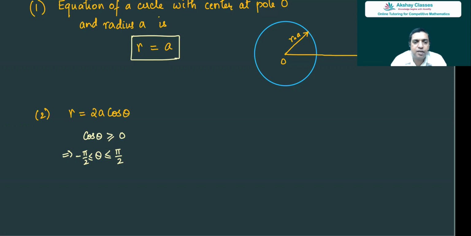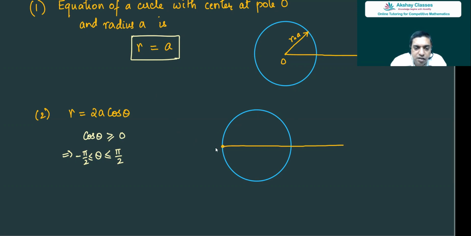So let us trace. What will this be? This will also be a circle. Let us trace this. This will be a circle whose diameter is 2a. This is the initial line. This is the pole O. This is the value of R, and this is theta.